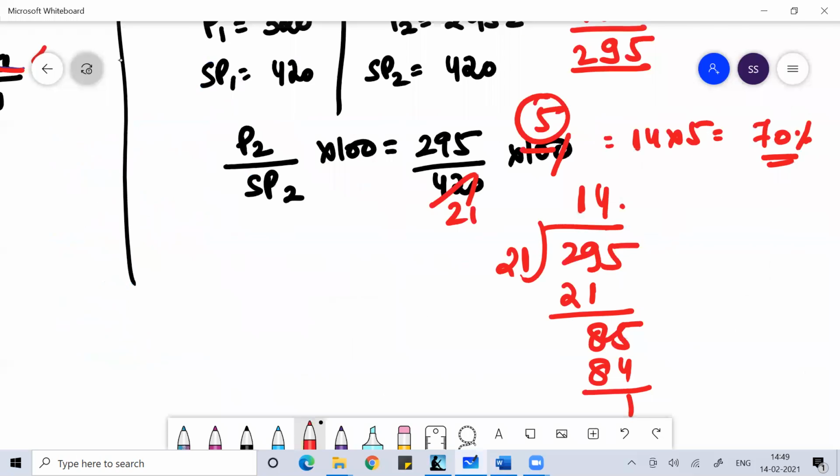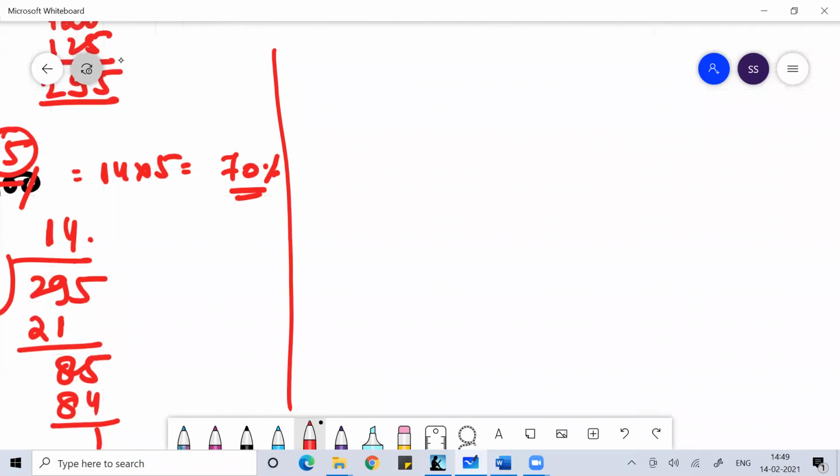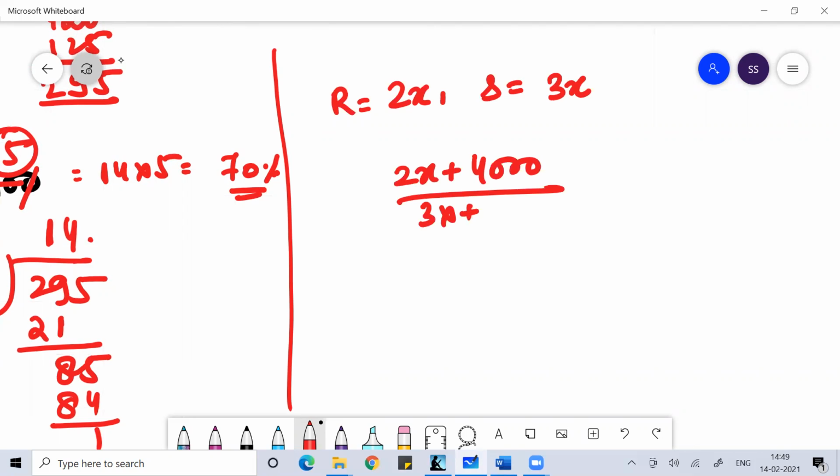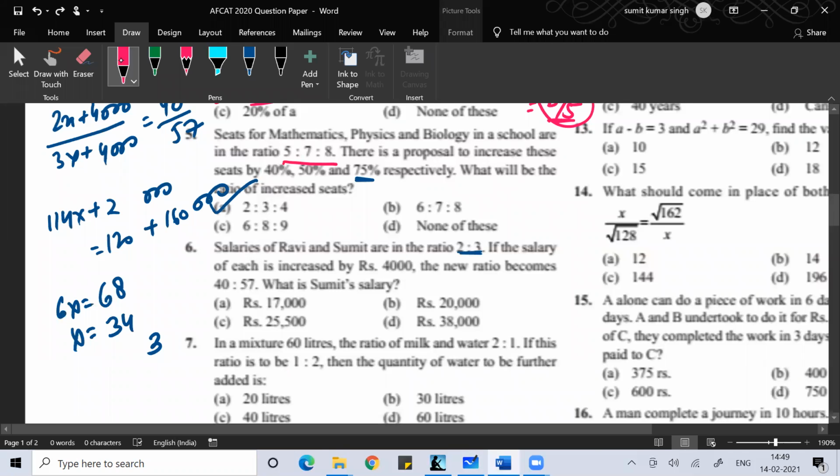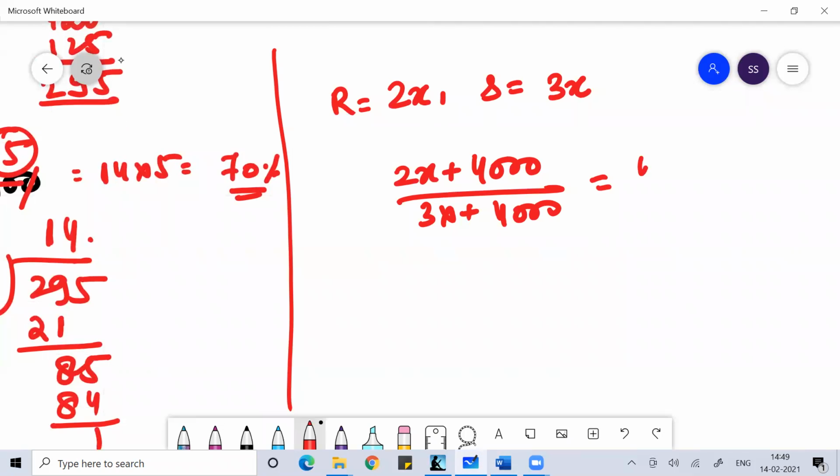So the salary of Ravi and Sumit. You know that the ratio was 2 is to 3. So Ravi's salary is 2x, Sumit's salary is 3x, and both their salary increased by 4,000. So 2x plus 4,000 divided by 3x plus 4,000, and the ratio is 40 is to 57. Very simple question.